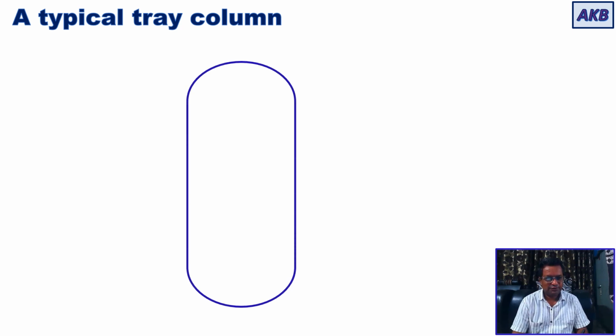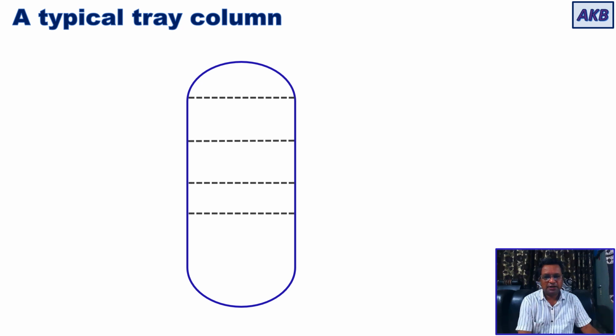So let this represent a tray column. You can see these are the trays, the dashed lines that I have drawn over here. They represent individual trays in the tray column. I have given numbers to those trays.